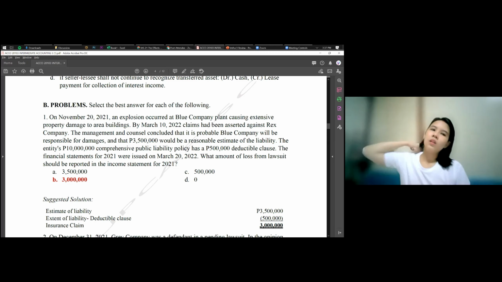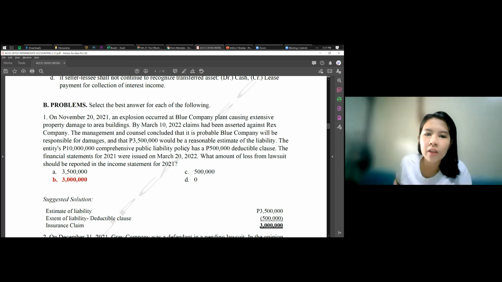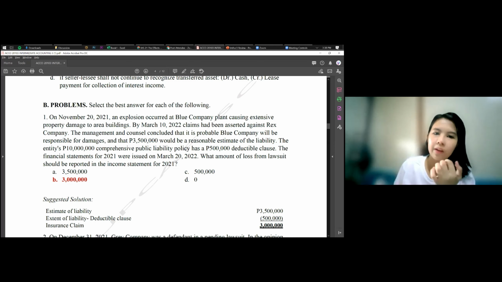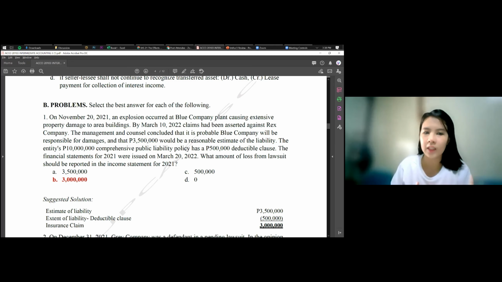So, the entity's 10 million comprehensive public liability policy, so insurance to, na parang kiniklaim ni company to guard himself against the risk na kapag merong kaso sa kanya, okay, na meron siyang ma-reimburse or meron siyang matatanggap na at least some of the amount to offset his liability based on the litigation for damages.